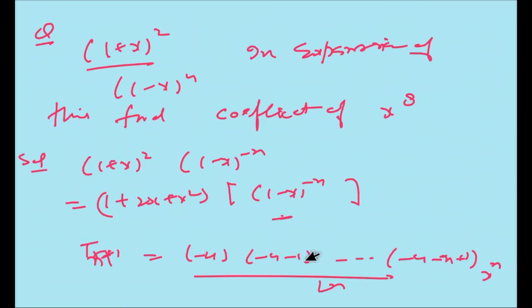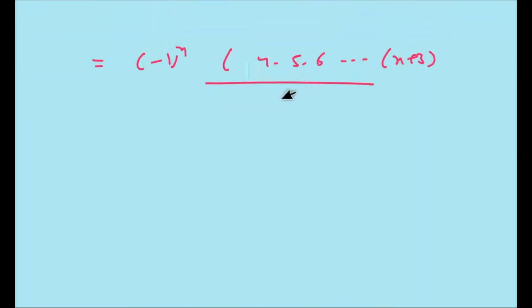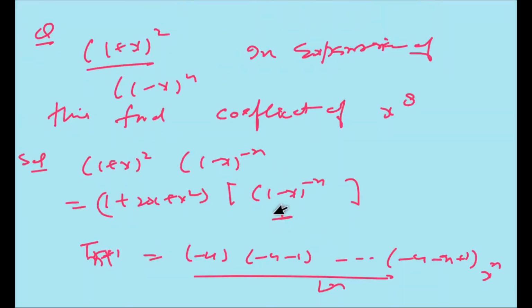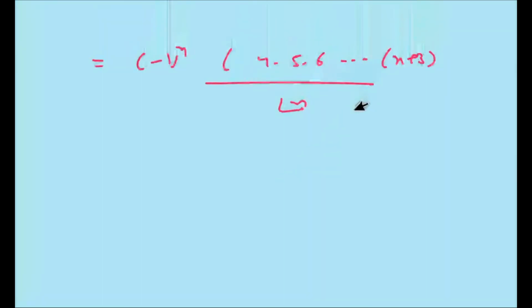So taking the minus common, what you get here is minus 1 to the power n, and here is 4, 5, 6, that is n plus 3 upon factorial n, okay, and this is the coefficient of x to the power n.